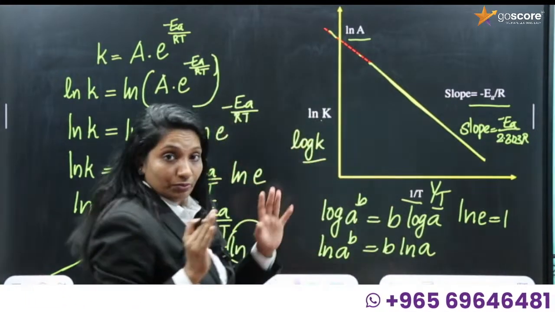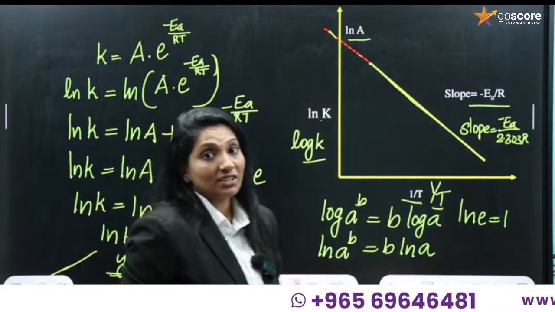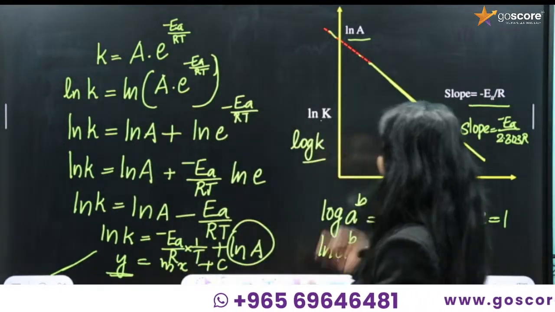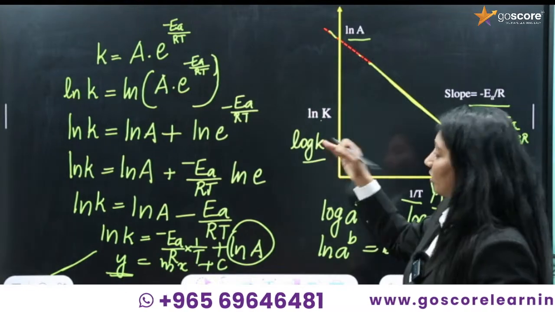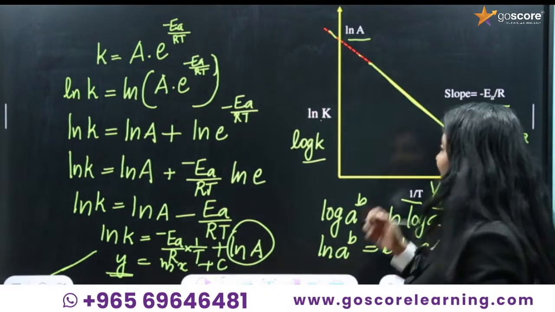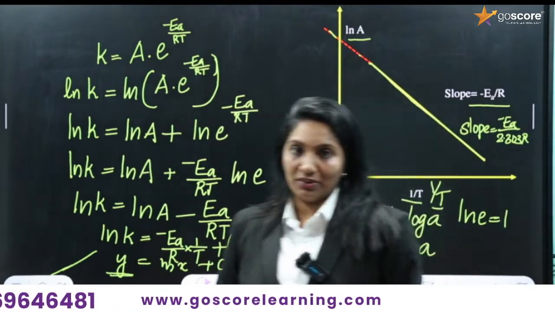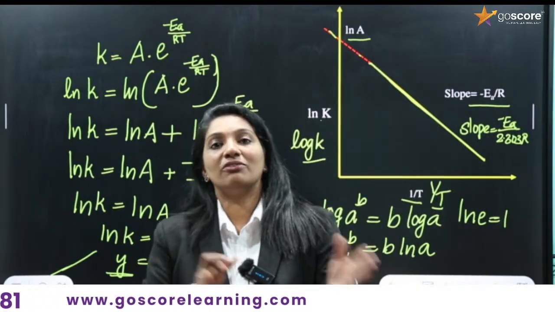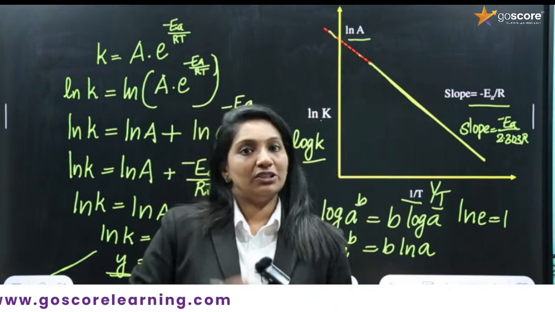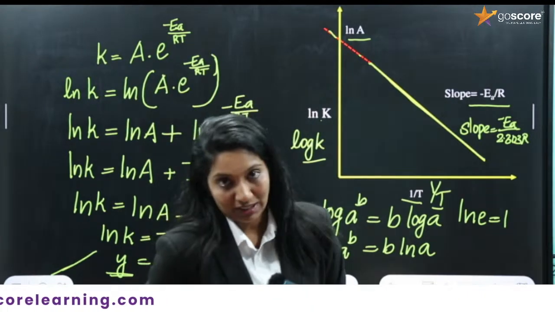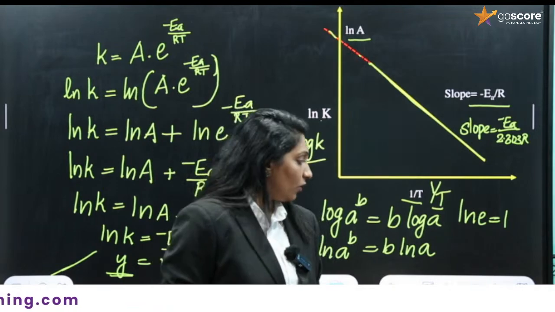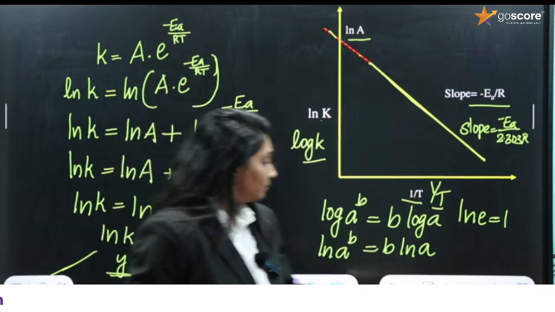So when a question comes, you should clearly check in the graph whether it is plotted with natural log or log. Then based on that your slope value will have a slight variation, because once you convert natural log into log, 2.303 will be getting multiplied there, right? So I hope this is clear for you.